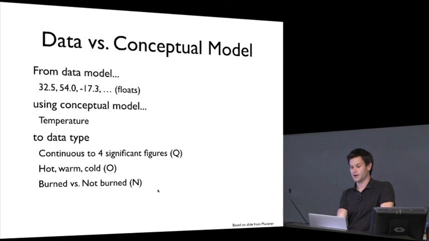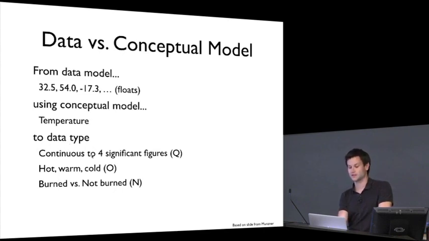Let's do an example. So how can you get from the data model to the data type in the end? So if you have the data model, which is just the raw data, and you apply a conceptual model onto it. Like say, my data is the temperature. And in the end, you could convert this to a data type.